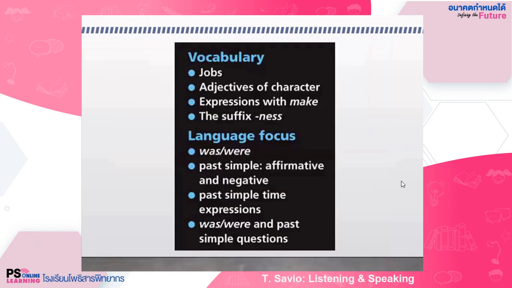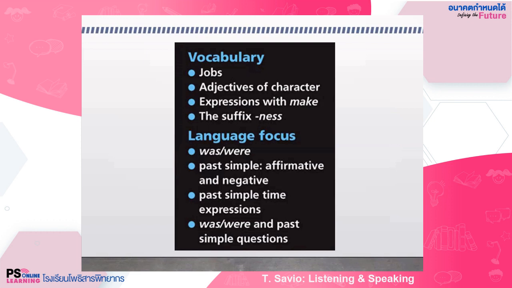In today's lesson, our vocabulary will be about different types of jobs, different types of temperaments and characteristics required to do different types of jobs. So basically, choosing the correct career.